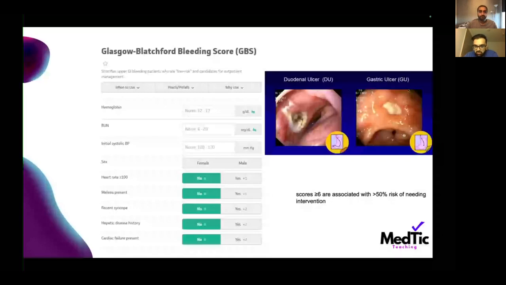So you want to check the hemoglobin, urea, systolic BP, whether they're male or female, and the heart rate. Again, this idea of hypovolemic shock, if they've got melena, if they've had a recent collapse, any background of hepatic disease, and if they've got cardiac failure. That usually risk stratifies how stable your patient is and whether they'd likely need intervention. Cool. Next slide, please.